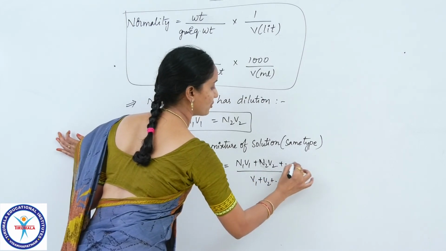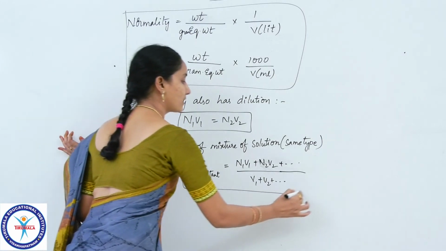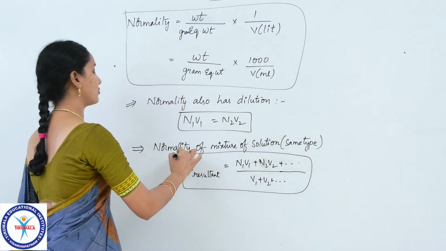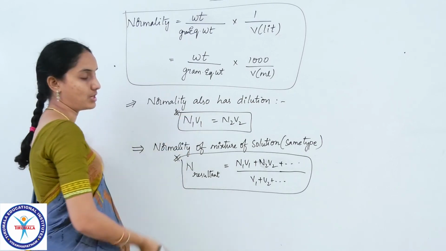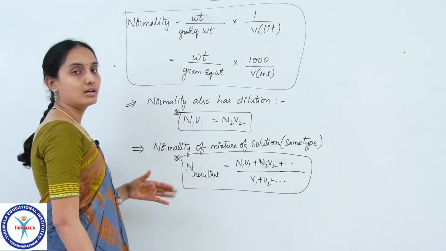However many solutions you mix, that many terms you should add up. So these two formulas are similar to that of molarity only, children: dilution and mixture of different solutions.